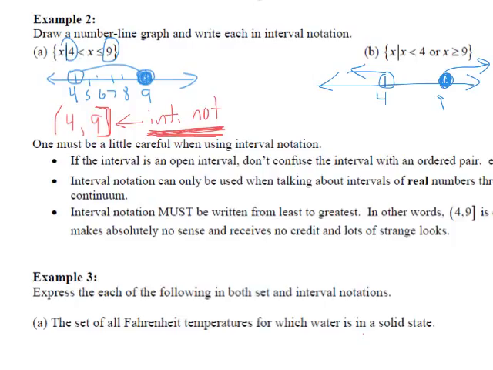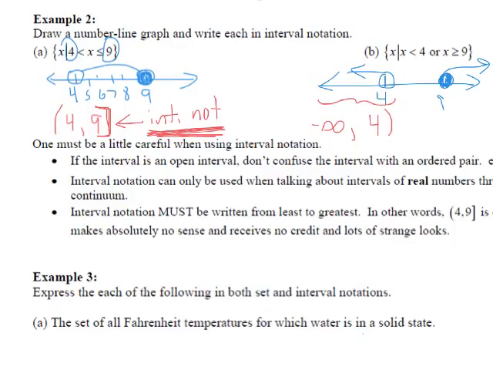So in this case, our set is split into two different pieces, so we're going to need two different sets using our interval notation. So in our first interval, our lowest value is negative infinity, and our highest value is 4. We do not include the 4, so it gets a soft parenthesis.